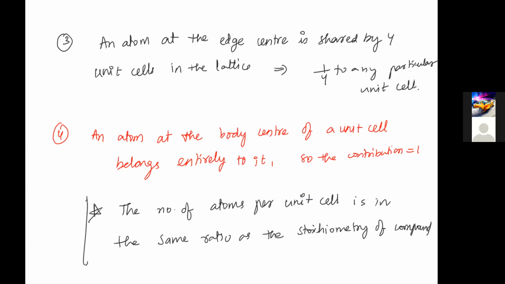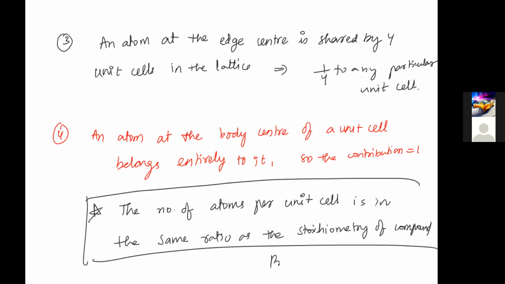This point is going to help you to predict the formula of any compound. Let us do the applications anyway. We are going to use all of these points. These are just rules that we wrote. We are going to follow them.